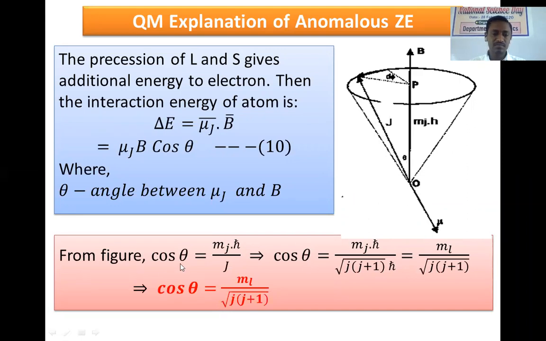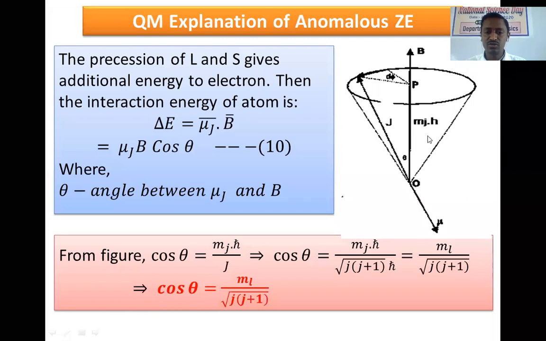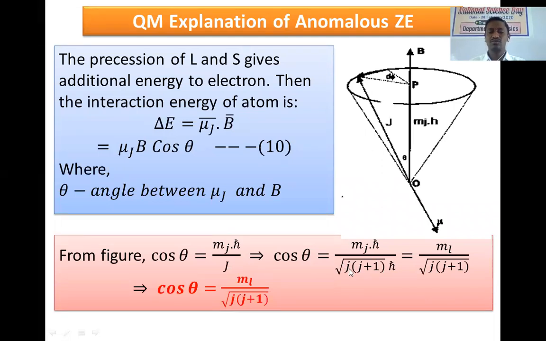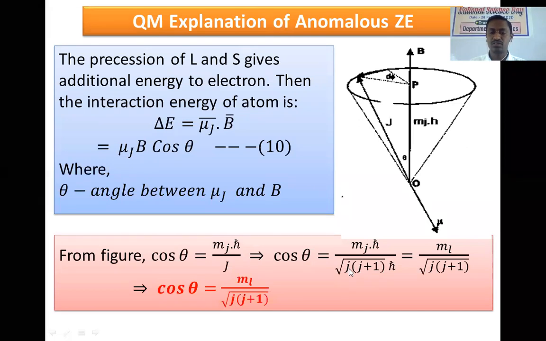Okay, so from the figure we can calculate cos theta. Cos theta is equal to the adjacent side, that is mj times h cross, divided by the hypotenuse, that is capital J. So cos theta will be equal to mj h cross upon, in place of capital J we have substituted the square root of small j into j plus 1, times h cross.